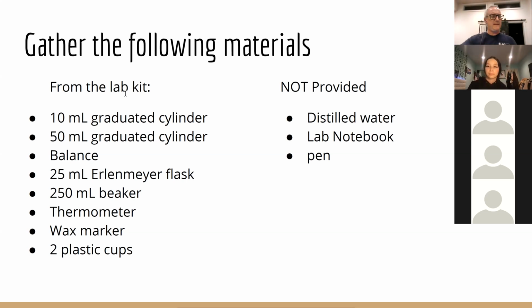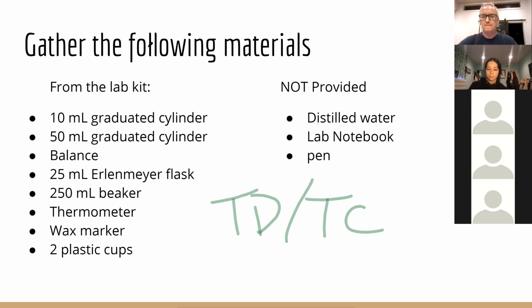Anybody know what those mean? So right on the very top, it says TD, TC. Anyone want to take a guess at what that means? I'll give you a hint. The T stands for "to."